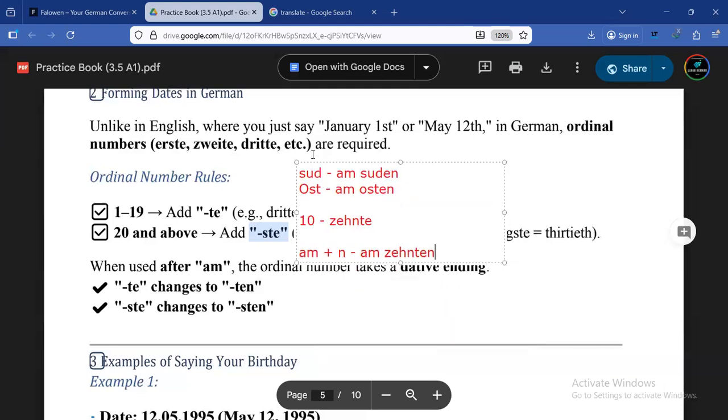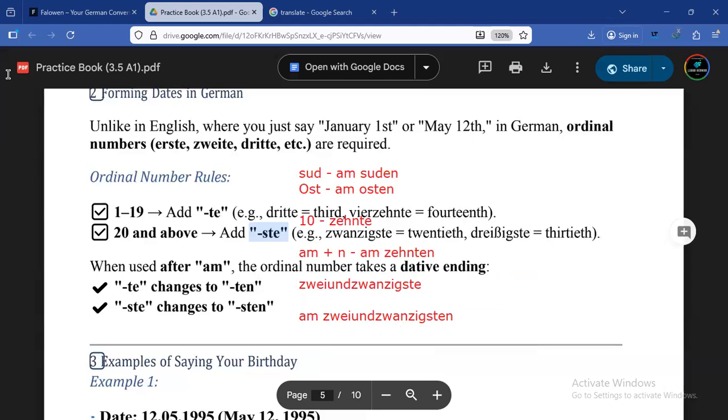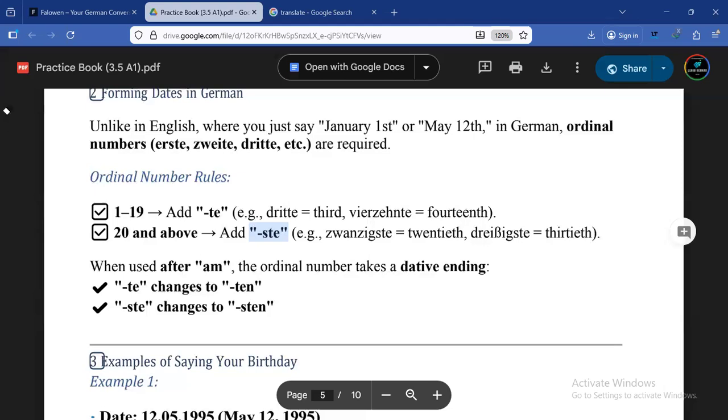Above 20, maybe you want to say 22nd, it's going to be zweiundzwanzigste. But when you add an additional N to it, it's going to be zweiundzwanzigsten. So that's what they are trying to show you here. When you use am after the ordinal, the TE changes to TEN, and the STE changes to STEN.